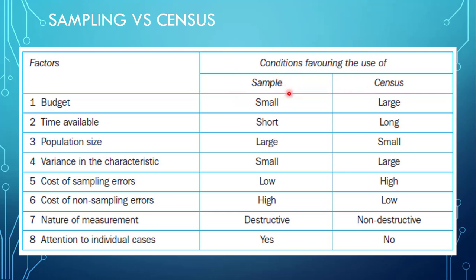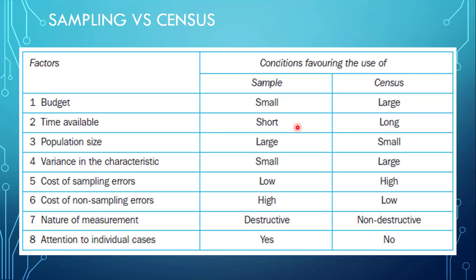I'll come back to that. But if you have a shorter period of time, then it's better if you take samples than including the whole population in your study. So the time that is required to gather data from a sample is shorter, but when you gather data from the whole population, it will take a longer period of time.